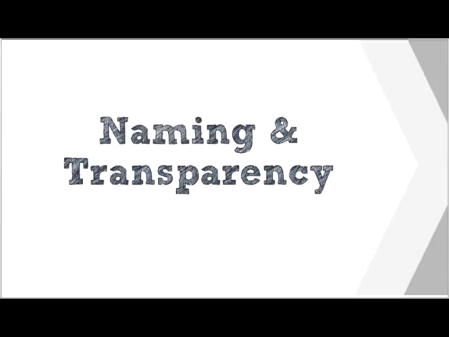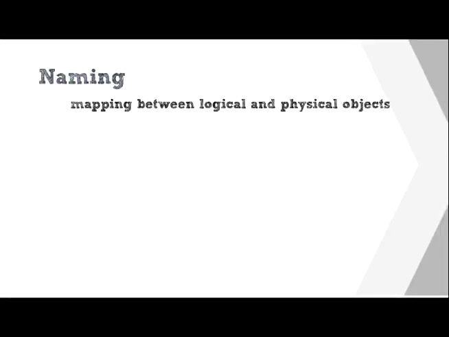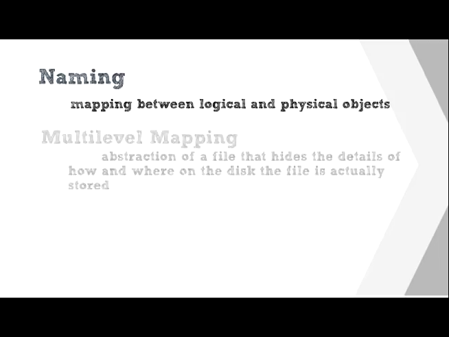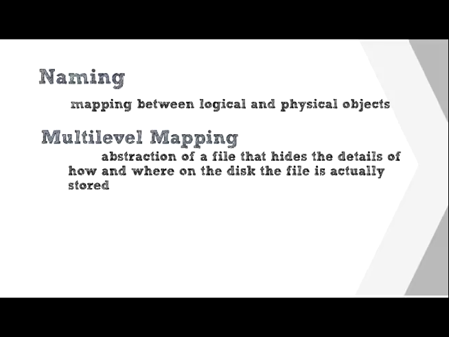Naming and transparency. Naming is a mapping between logical and physical objects. For instance, users deal with logical data objects represented by file names, whereas the system manipulates physical blocks of data stored on disk tracks. Multi-level mapping.